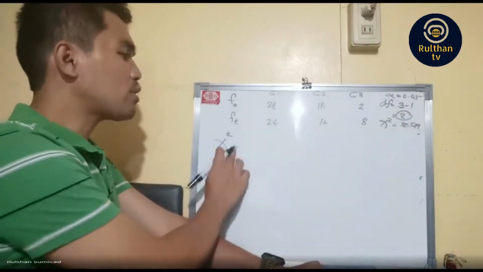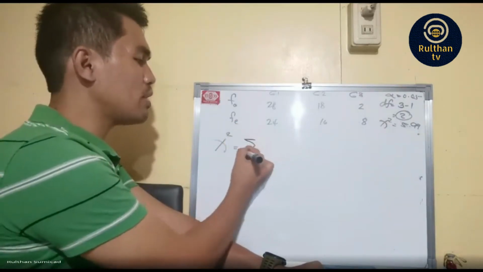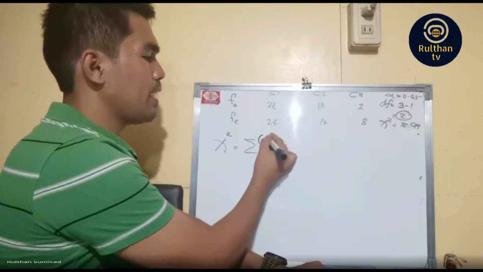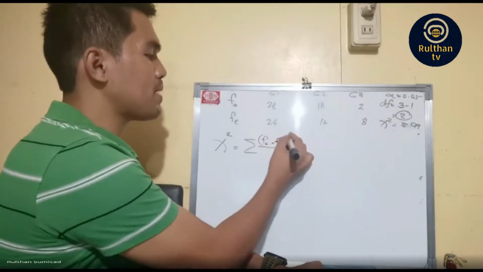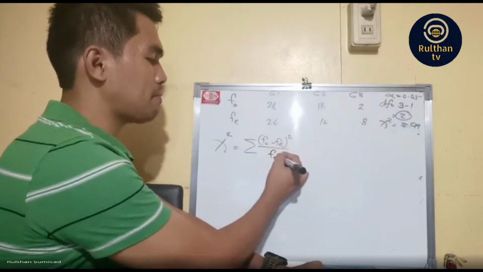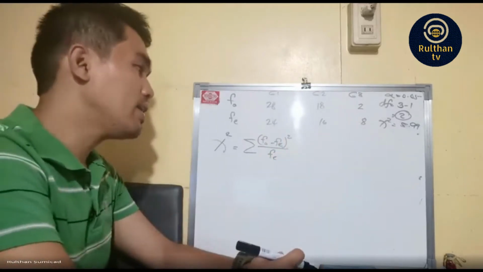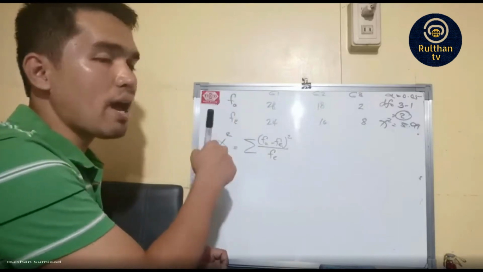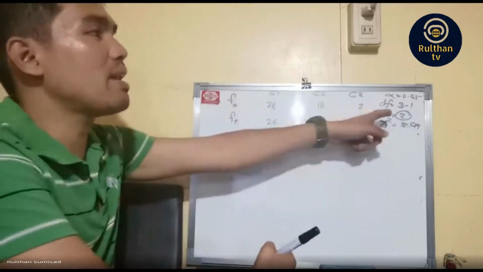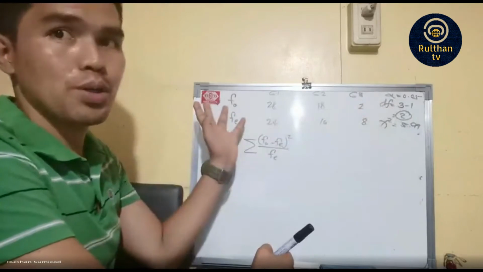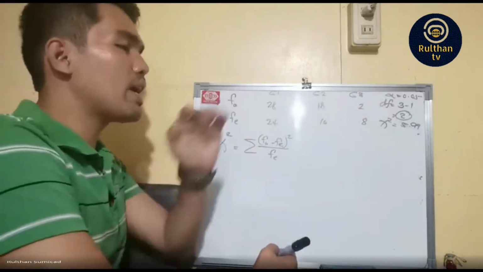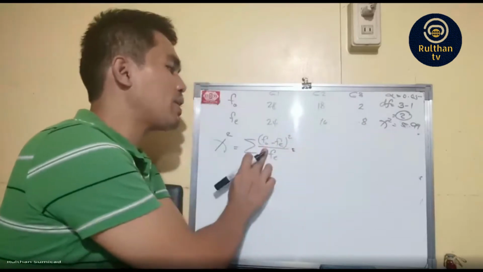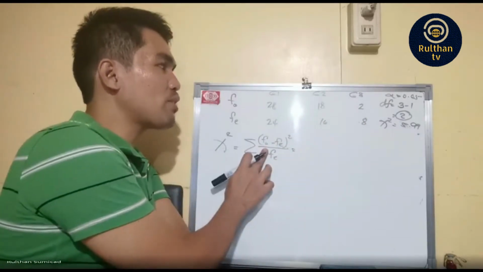Afterwards, to solve for this, our formula is the summation of f sub o minus f sub e squared divided by f sub e. Take note, the summation here is from 1 up to k, where k is the number of groups. So in this case, there are three groups. To solve for this one, our observed frequency for the first group is 28.